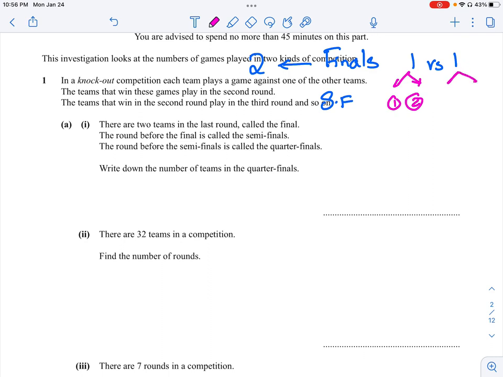And this one team would have been the winner of another game between team number 3 and team number 4. So in semi-finals, there would have been four teams. So two teams will play semi-final 1, there goes the winner, and two other teams will play semi-final 2, and there goes the winner. So those two winners will be playing the finals.